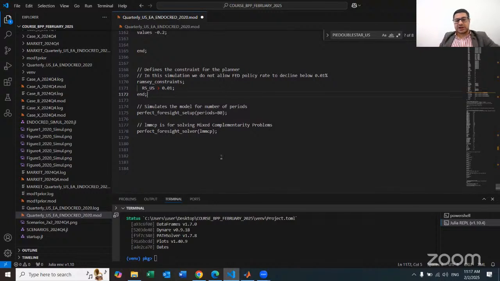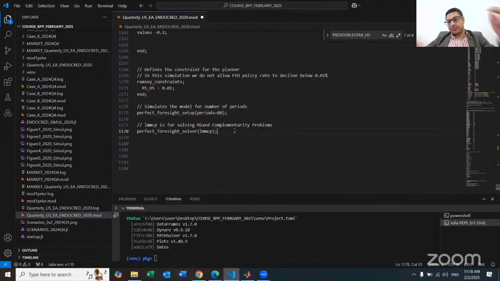And then this is the perfect foresight simulation. You need to remember this command, or just take it from the codes, which you can then use for your own models. Just the perfect foresight setup, saying do 80 periods of simulation. You can change this number, and after that you need to choose the solver, the perfect foresight solver.